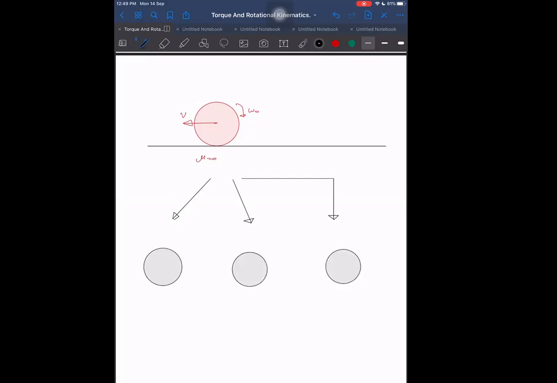And the possibilities are these. Finally, it may be rolling, forward rolling. And backward rolling. It may finally stop.